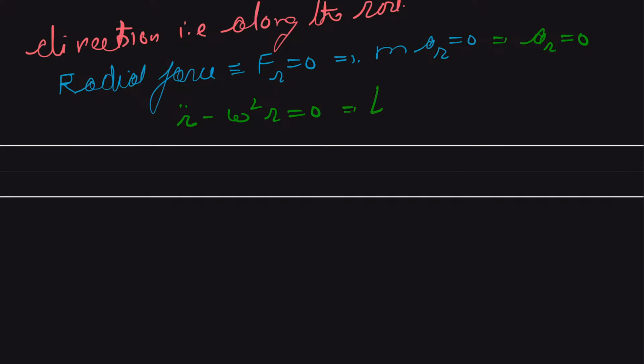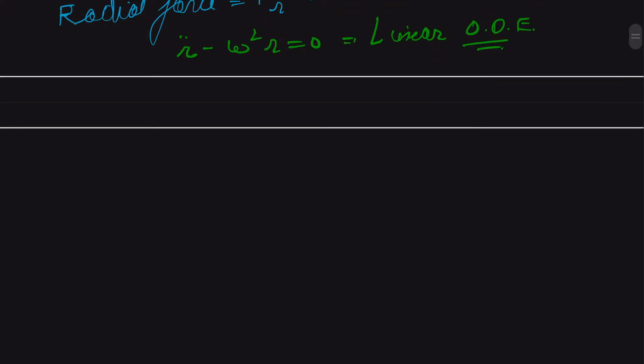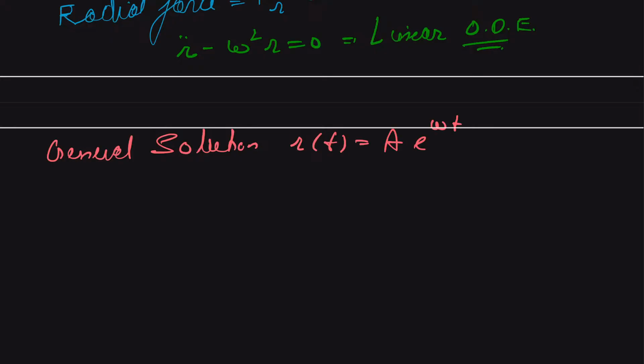So this is a linear ordinary differential equation, and its general solution will be given as r of t is equal to a e raised to power omega t plus b e raised to power minus omega t.